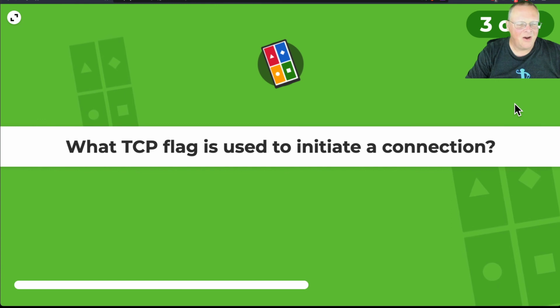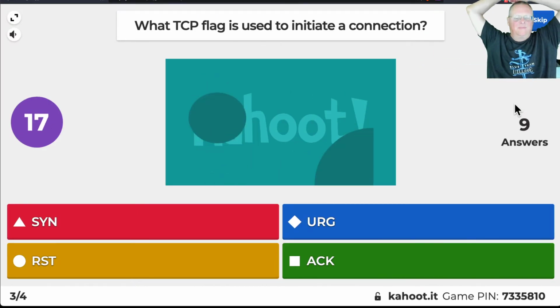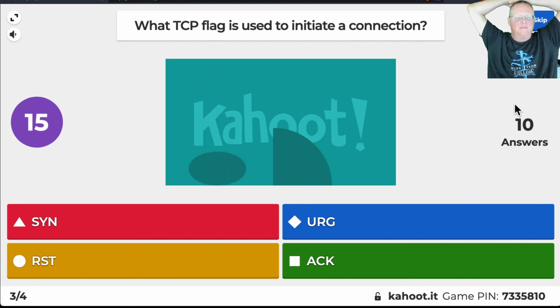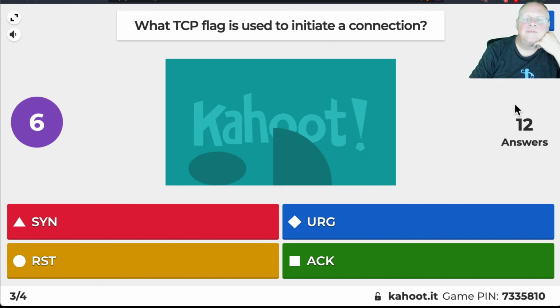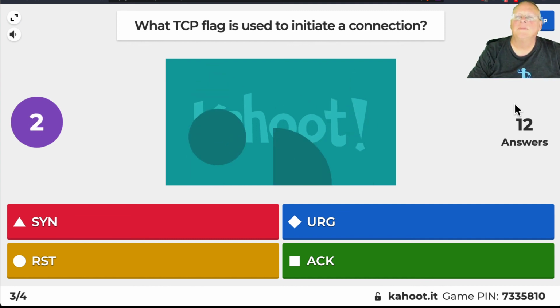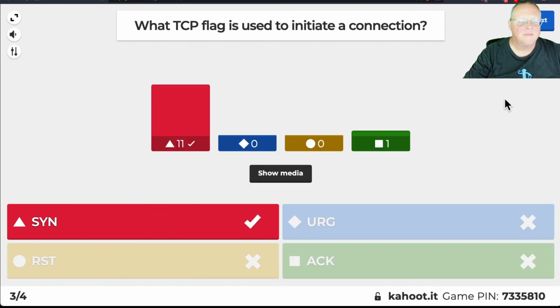So what TCP flag initiates a connection? That's a SYN. Good.